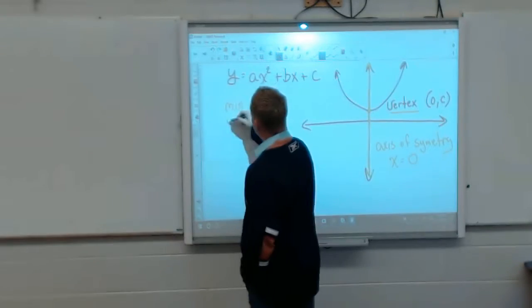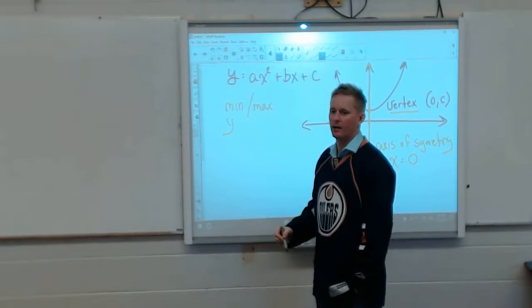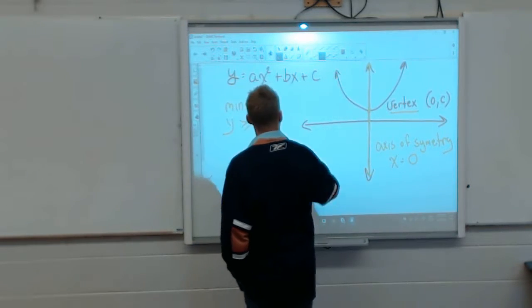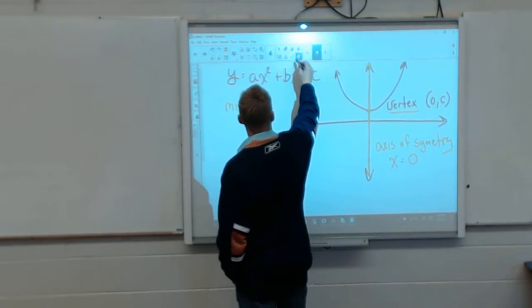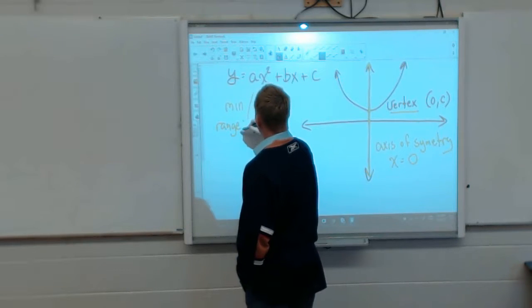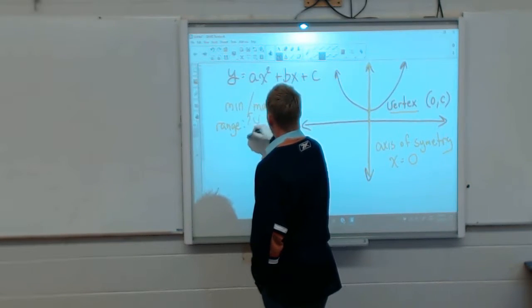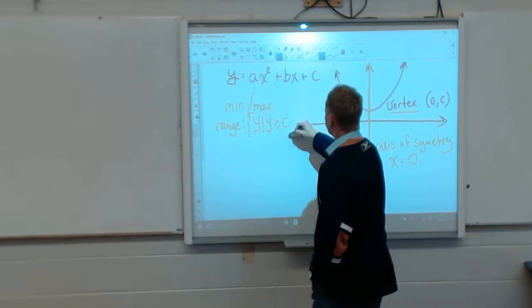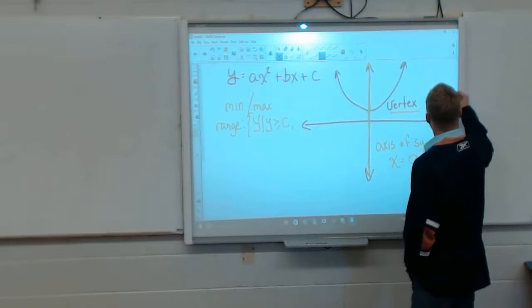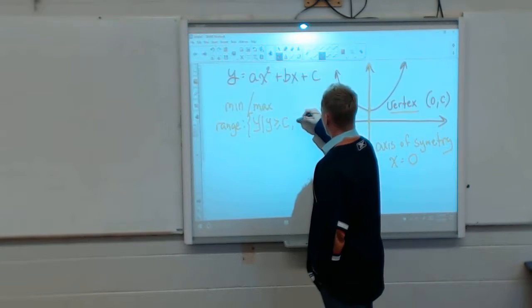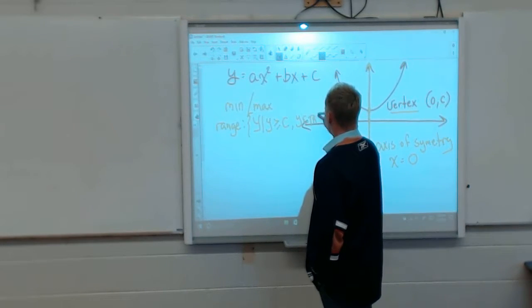This also gives us an indication of what the range will be. The range for the parabola in this case will be y such that y is greater than or equal to c. Now that changes, but it's all dependent on the y value of that vertex, where y is an element of all real numbers.